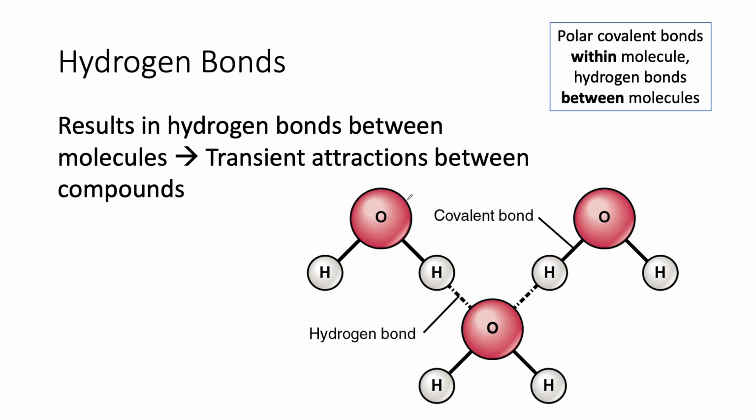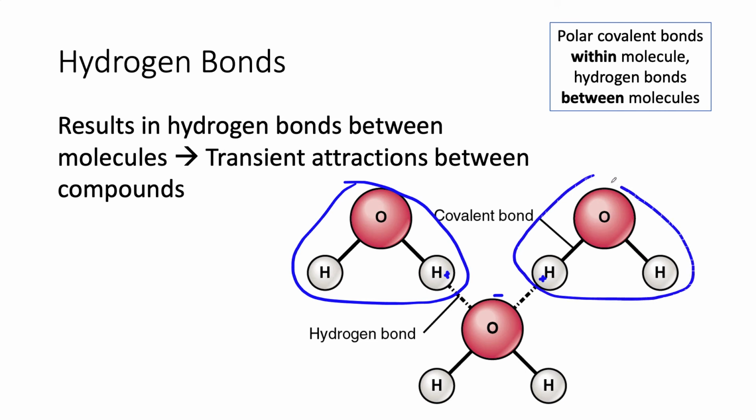So when you have water, the positive end of water is going to attract the negative end of another water molecule. And that forms something called a hydrogen bond. So we have covalent bonds within the water molecule. So this is one water molecule. This is another water molecule. And this is a third water molecule.